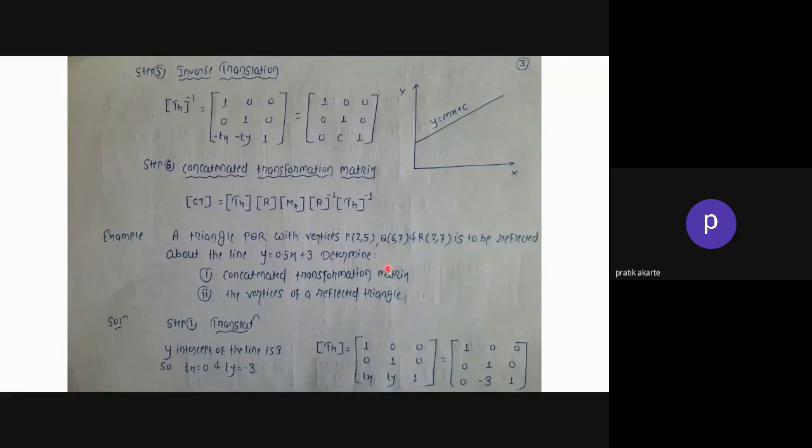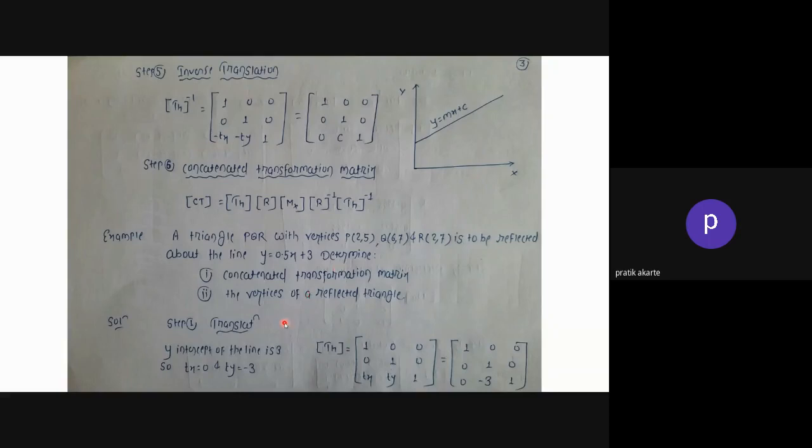Then we have to determine the concatenated transformation matrix, and the vertices of the reflected triangle. So after reflection about this line y is equal to 0.5x plus 3, what will be the new coordinates of the vertices of the reflected triangle, that we have to find out.